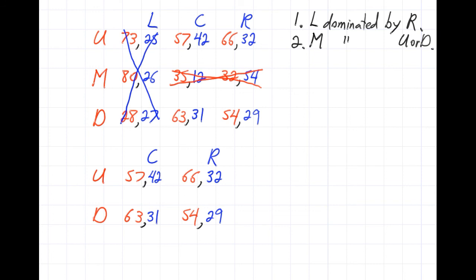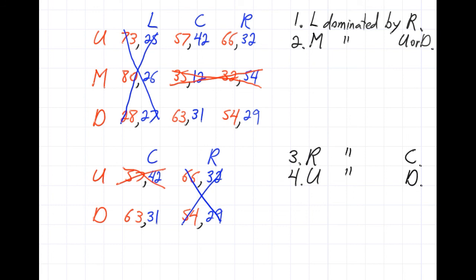Now we see that 42 is better than 32 and 31 is better than 29. So C dominates R. So our next step is to see that R is dominated by C, which means we can eliminate R. And finally, we just have to look at 57 versus 63, and we see that in this simplified matrix, U is dominated by D, which means we can eliminate U.